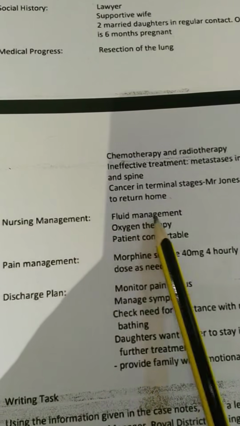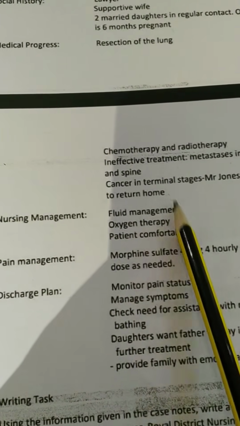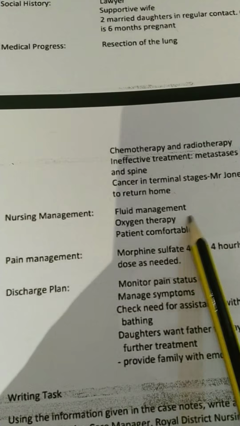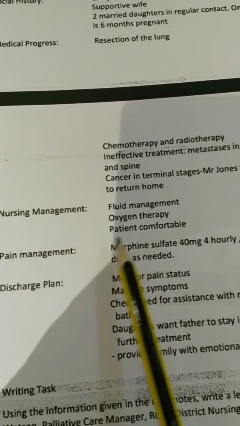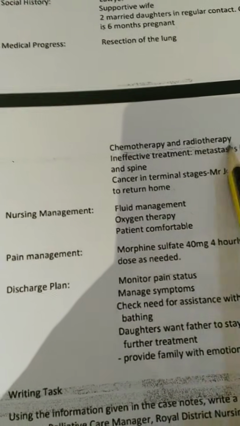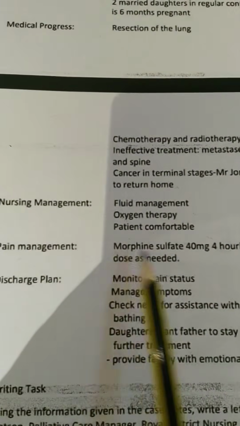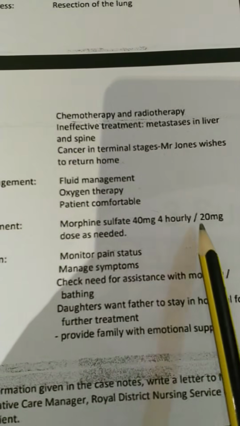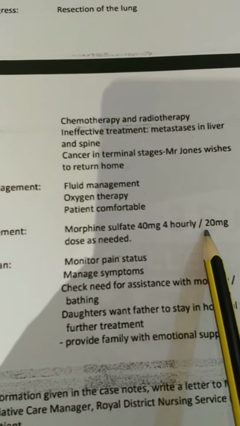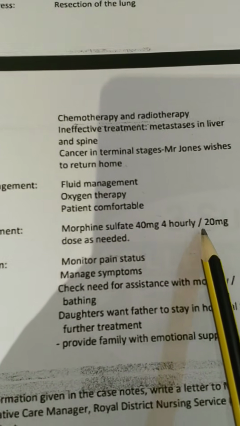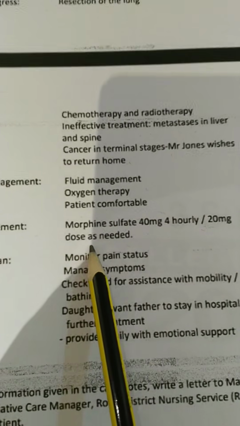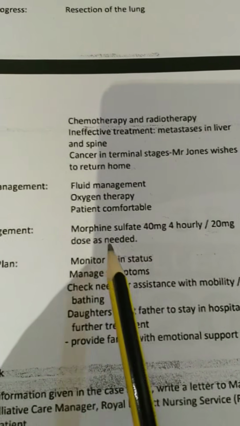Then the nursing management, what all things have been done. Fluid management was given, then oxygen therapy, and the patient became comfortable. Then pain management: morphine sulfate 40 mg hourly, total of 20 mg dose as needed.